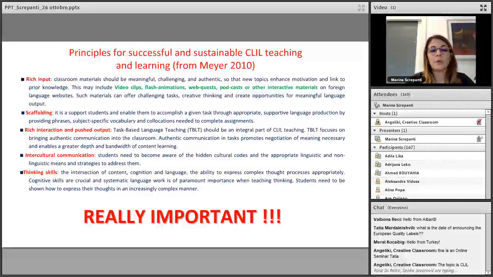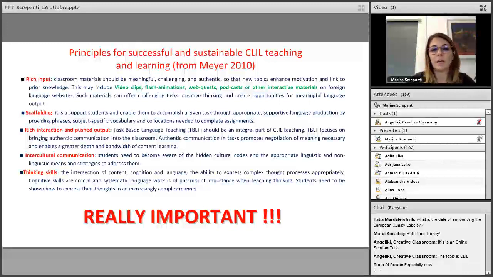So it's important that we create a rich input with the video clips, flash animations, web quest, podcast, other interactive material. So we have to interest students, something that can challenge students with tasks or create opportunities for meaningful language output.